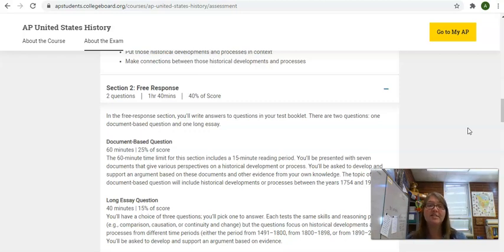And then the final task is the long essay question, the LEQ or the LRQ, and that is a 40-minute writing period where they are given a prompt and they construct their own argument based on their knowledge of that time period. So your students have really chosen to engage themselves in history.